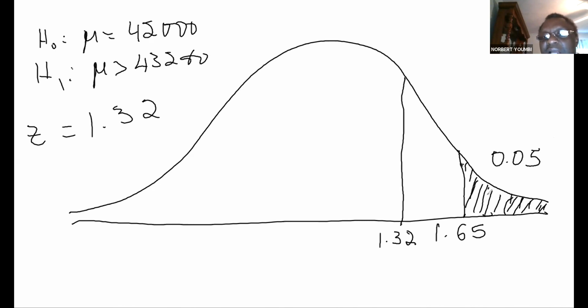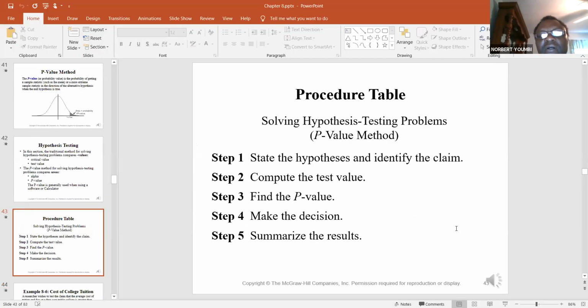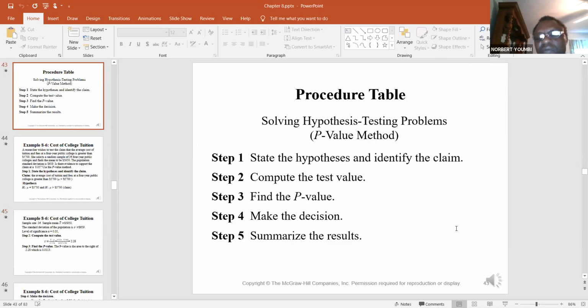If it is bigger than alpha, then it takes us out of the critical region. If it is less than alpha, it is within the critical region. So when we are using the p-value method, we make the decision based on whether the p-value is less than or greater than alpha.